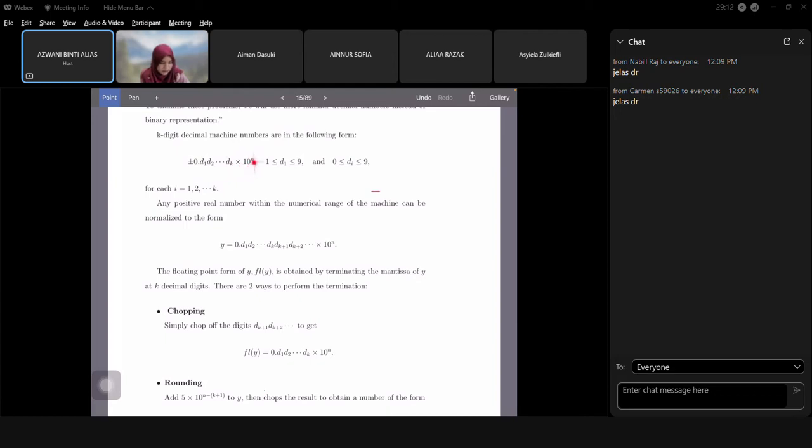Di mana D1, okay, D1 ni adalah can be number dia from 1 to 9. 0 tak termasuk. Okay. Kalau dia ada 0, dia akan dapat 0.0 something kan? Tapi tak boleh. Dalam k-digit decimal places, kita nak 0 point, terus ada nombor.